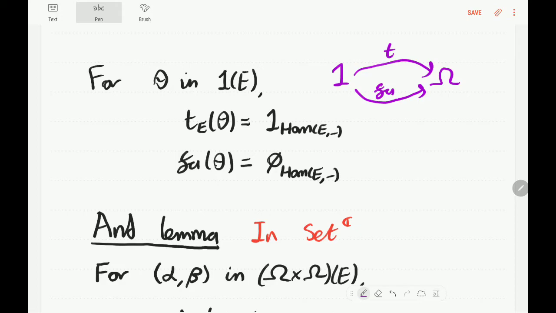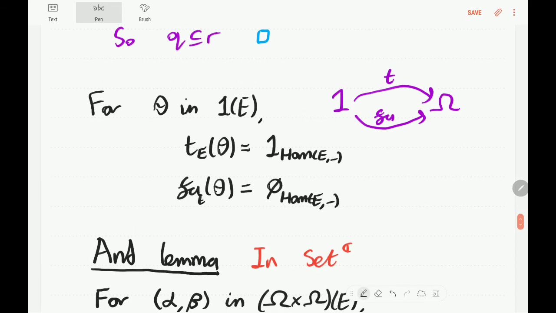Amongst the results which we've obtained so far, we have this one, which says that if we have an E-type element theta of the terminal object, then the E component of true, where of course E is an object of the category C, doing the E-th component of true on theta sends that theta to the element of omega of E corresponding to the maximal subobject of Hom(E, -), and also doing the E-th component of false on that theta sends that theta to the element of omega of E corresponding to the empty subobject of Hom(E, -).